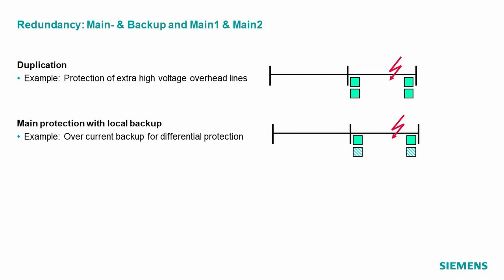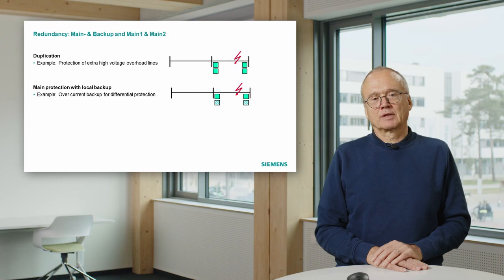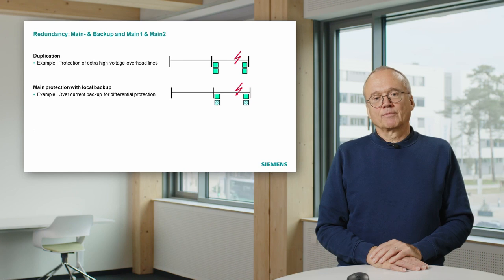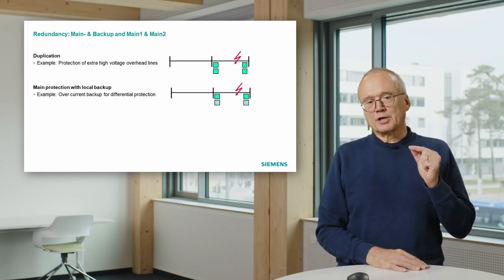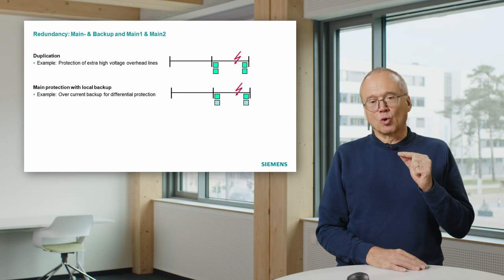There you also have two devices, but it's a much simpler thing as having two full-blown distance protection schemes there. That is a thing which you could, for instance, find typically in a distribution system.